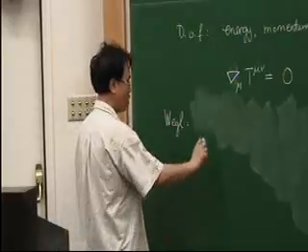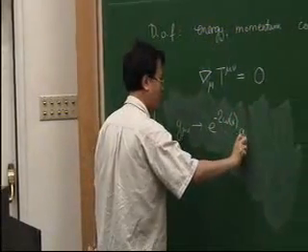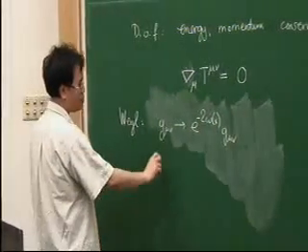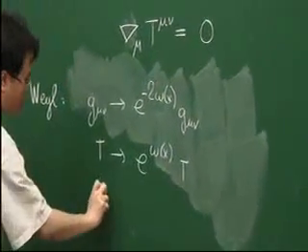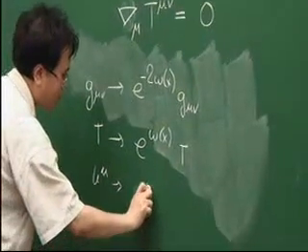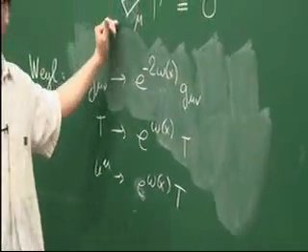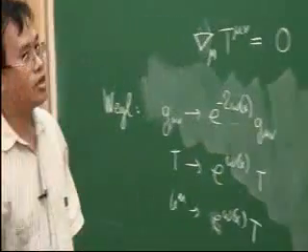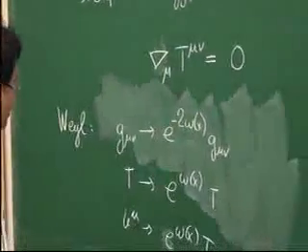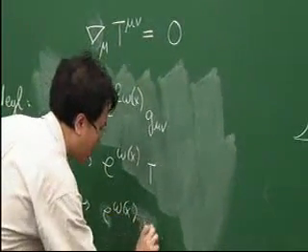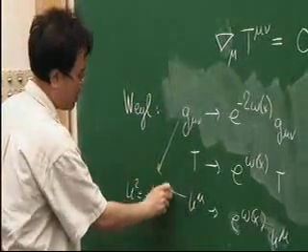That is, if you do a rescaling of the metric tensor, and at the same time rescale the temperature and the velocity by appropriate factors, you can easily check that this equation remains invariant. So the last line should be omega times u mu. Yeah, sorry, u mu, so that u squared is still equal to minus 1 if you combine these two.